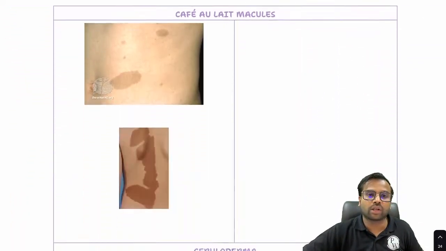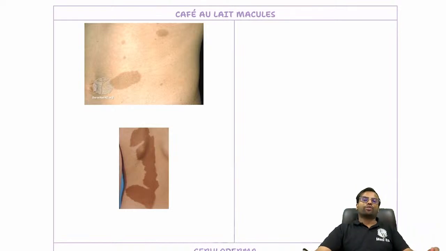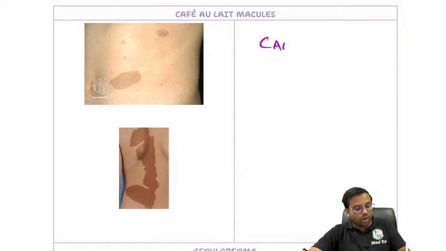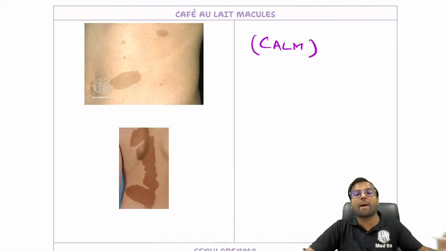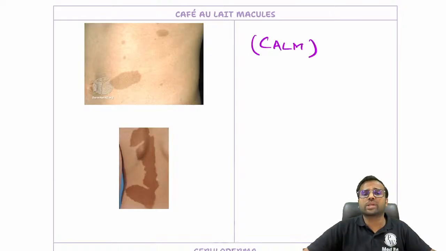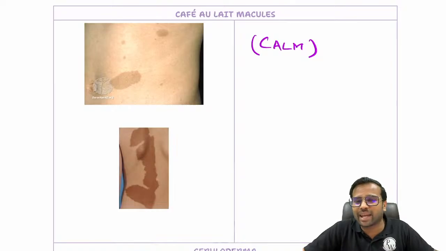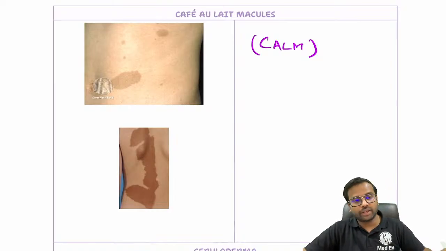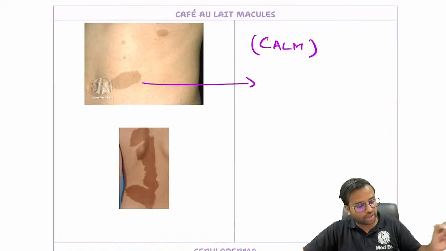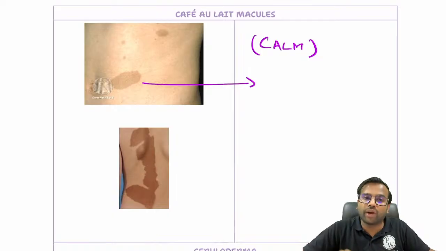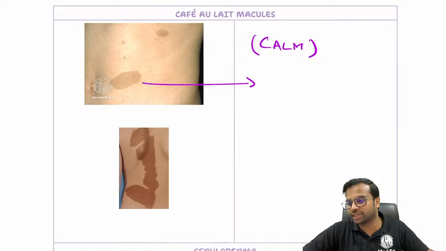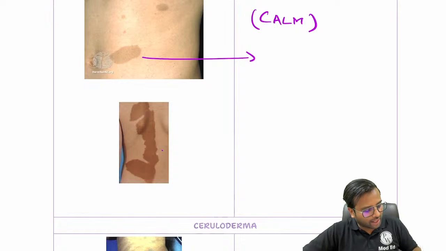Very good. Now these are examples of cafe-au-lait macules. Okay, cafe-au-lait macules, that is clear. Now my question is, where do you find these kind of cafe-au-lait macules? ये जो पहले का जो cafe-au-lait macules है, where do you find them? Brown color patches over the trunk. Think again, is it McCune-Albright? McCune-Albright is this one.